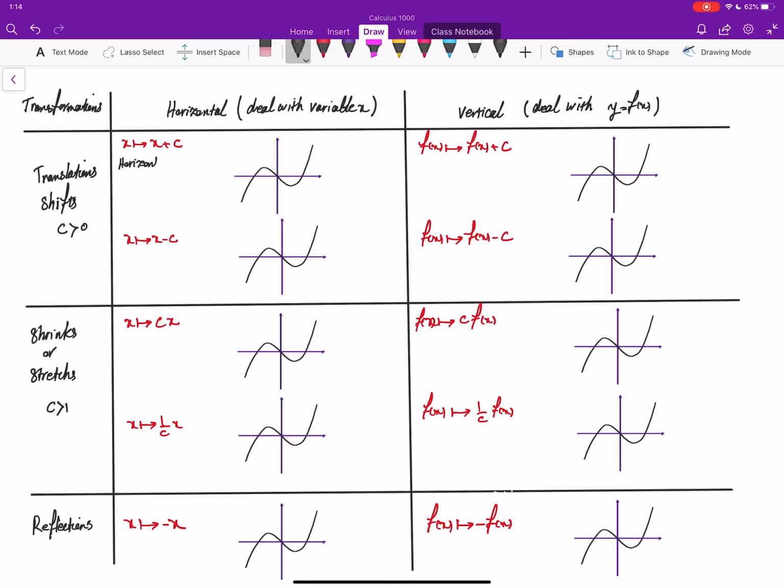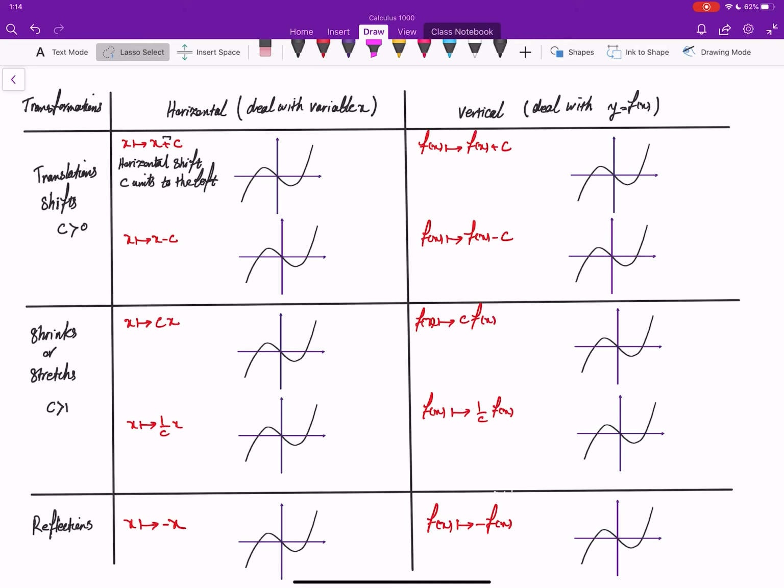You can read now from the table. That number c says how many units, c units, and then plus or minus says to the right or to the left. If it is x plus c, this will be to the left.